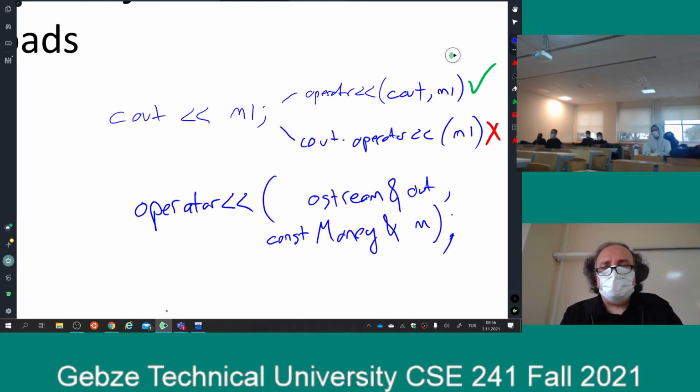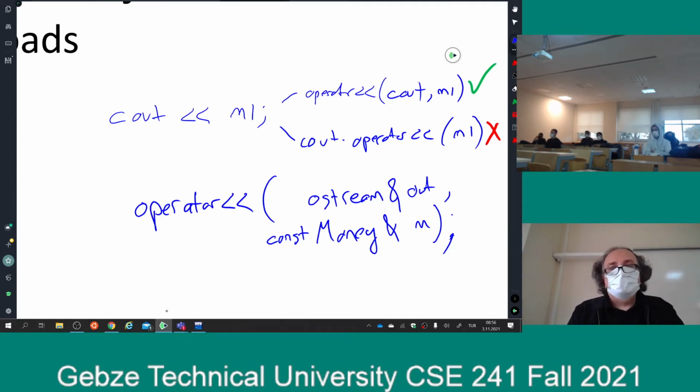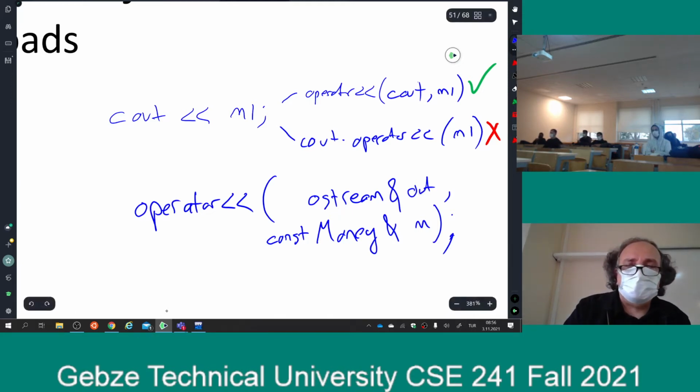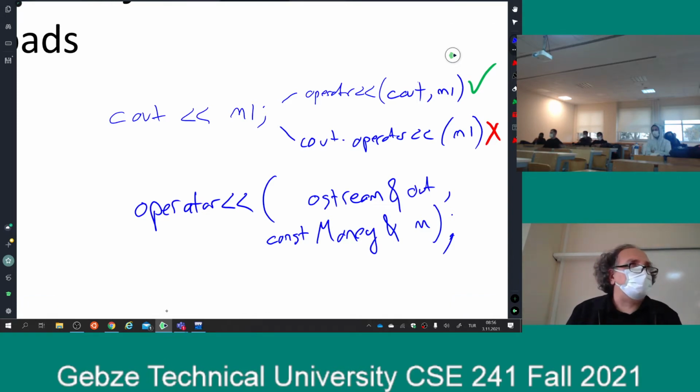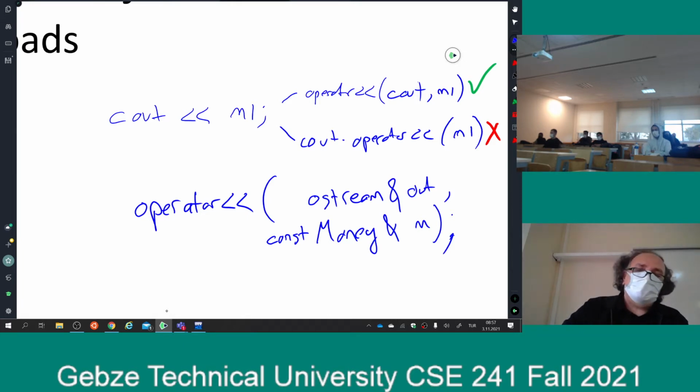But I will tell you, no, you don't put a const in front of it because we will modify your output stream object because we are writing into it, right? This out remembers where the cursor is, okay? When you write it, it advances the cursor. So you change this object out when you use the stream insertion operator. So you don't send it as a const. I definitely know that money will not be modified, so it is a const.